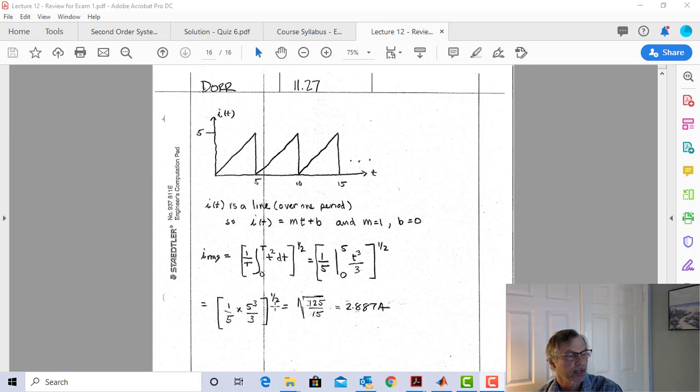And we work out the integral and we get 2.887 amps. Now, is that a reasonable value? Well, we know it's not 0. We know the RMS is not going to be 5 amps, because if it was a DC value of 5 amps, it would have an RMS value of 5 amps. And we know it's going to be greater than half of this, or 2.5, because we're averaging the square.